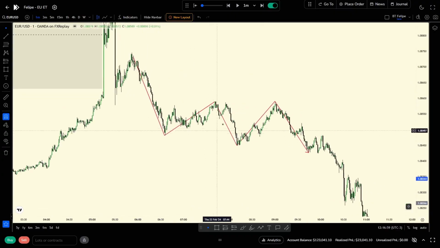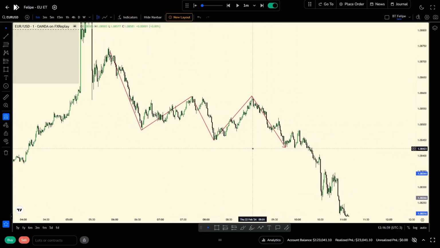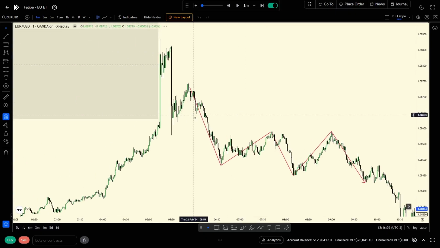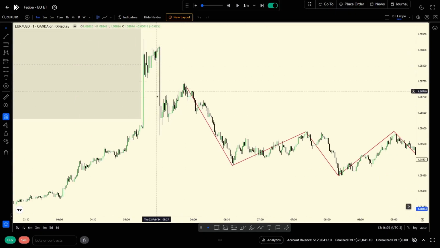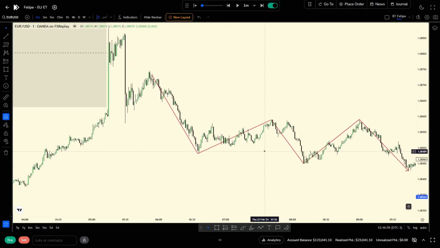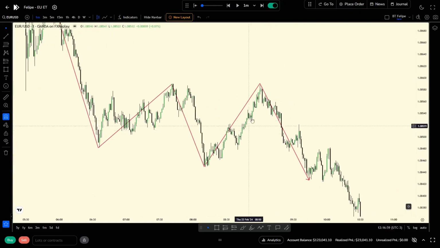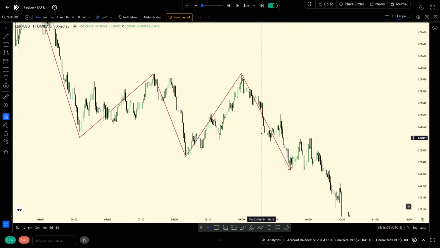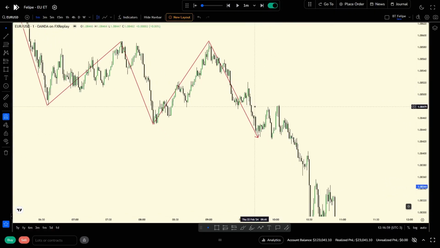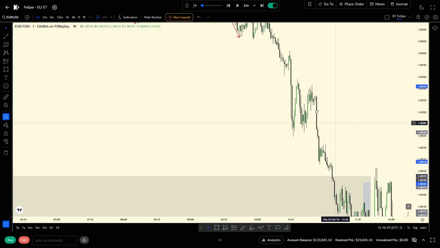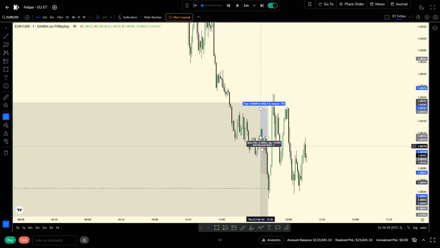I only looked for shorts and it didn't happen. Maybe this, but I don't know. This one was kinda the setup, a kinda ugly one. And this was the only one I think which was clearer.